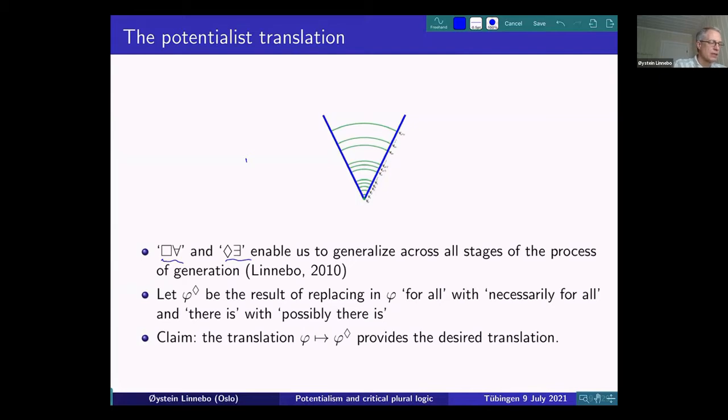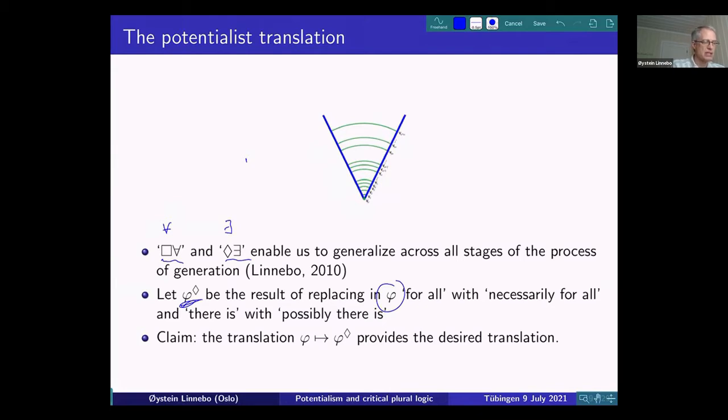When you have a formula phi of the non-modal language, you translate it by simply replacing every universal quantifier with "necessarily for all," and every existential with "possibly there is," and call the result of translating in that way phi superdiamond. Okay.